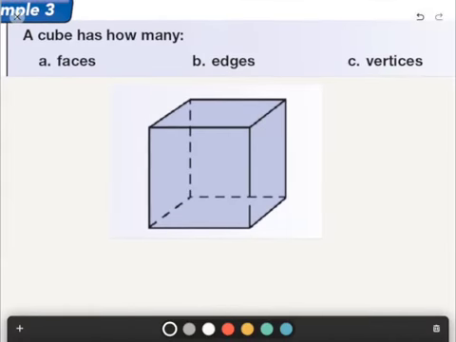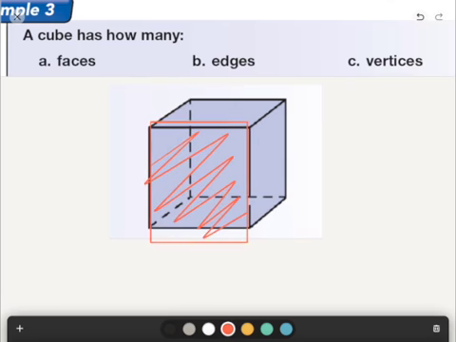Okay, let's talk about our friend the cube. So for starters, let's talk about the parts of it. That's what this one refers to. So the different surfaces on it, we would call those the face.